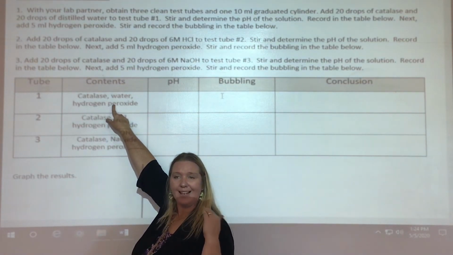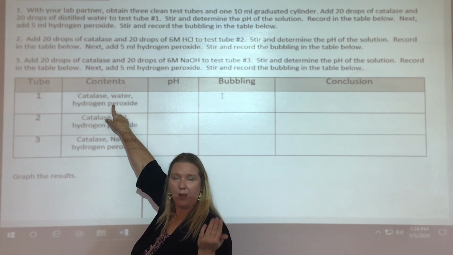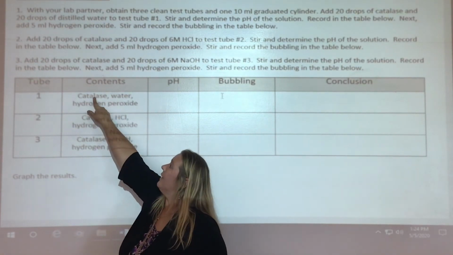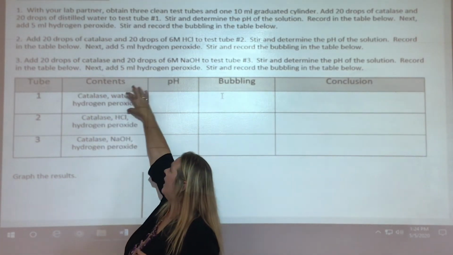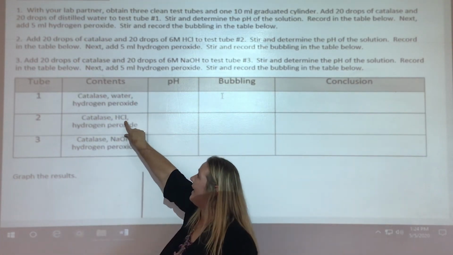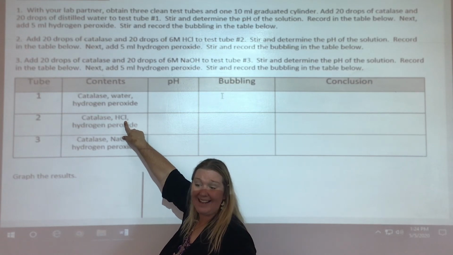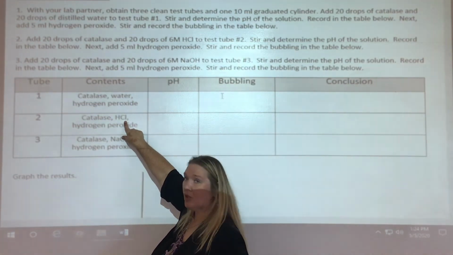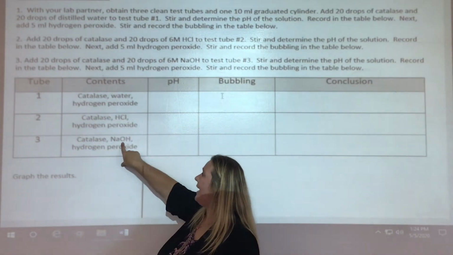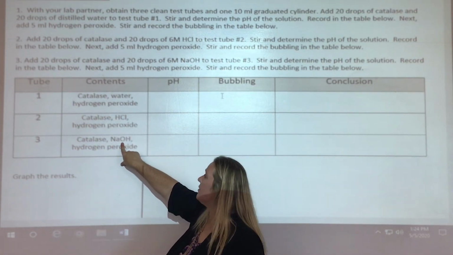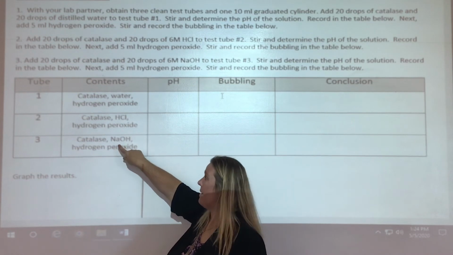And so just like in the last one, okay, 8.1 and 8.2, we did catalase and hydrogen peroxide and we saw bubbles, okay? So we're gonna have that one. We're gonna add HCl, we're gonna add an acid, okay, hydrochloric acid, okay, make it acidic. And then we're going to add NaOH, okay, sodium hydroxide, a base, so we're gonna make it basic.